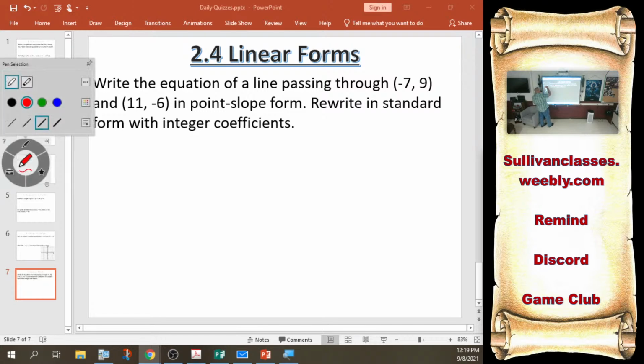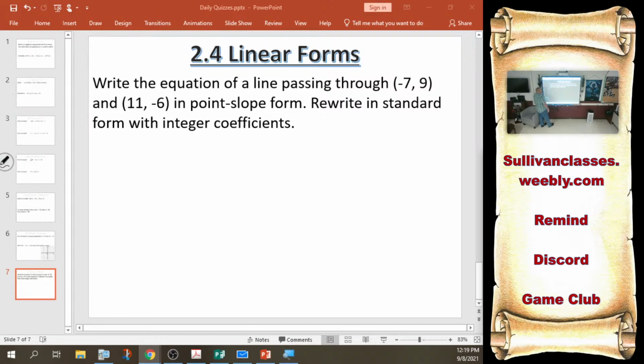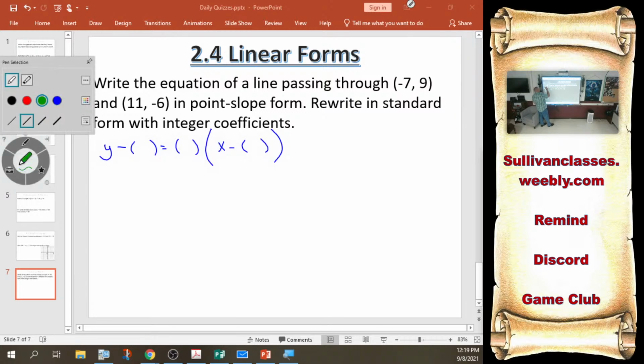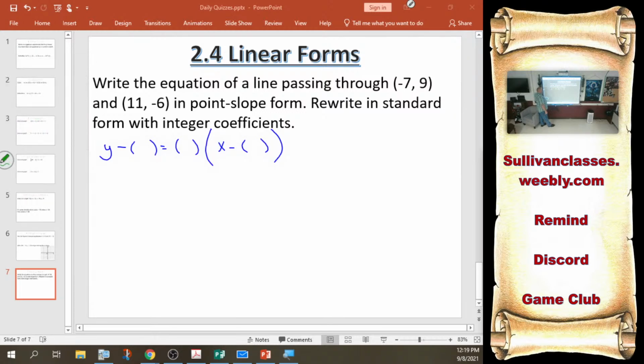Round one, I'm going to start in point slope form. If I start in point slope form, we go with y minus y1 is m by x minus x1. Wait a second. I don't have a slope. I only got points.